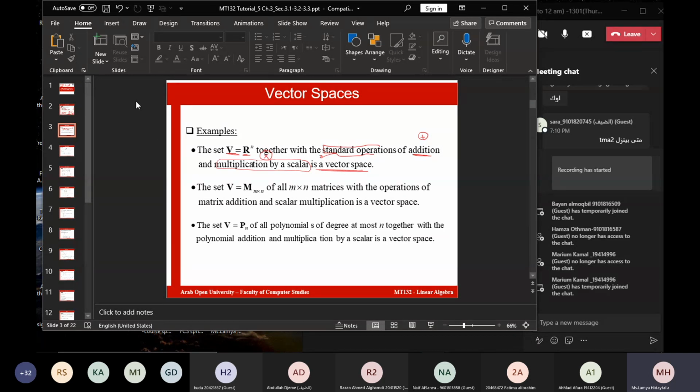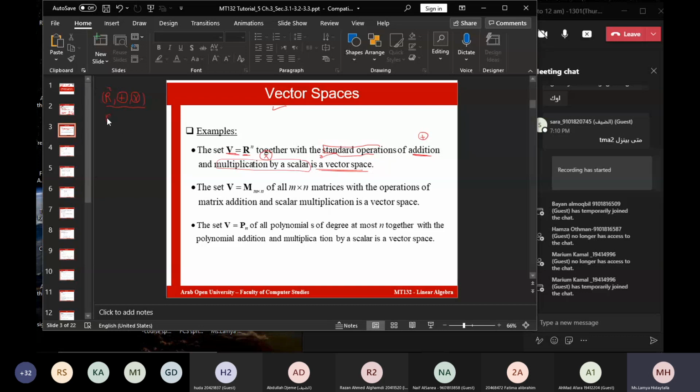That means if you took R2 and you defined the standard way of addition of vectors and the standard operation of scalar multiplication, then this is a vector space.